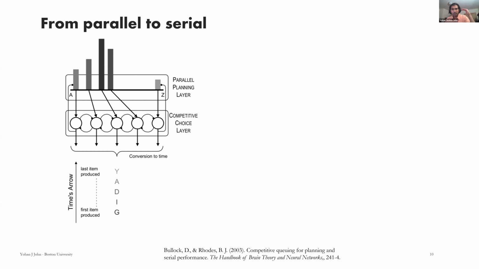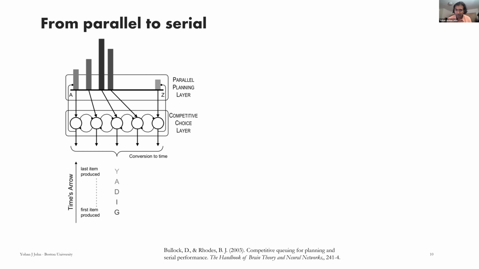The first thing gets some high activity, the second one gets the next highest activity, and so on. When you feed that into a competitive network, you just pick the winner, which has the highest activity. The most important thing then is, on the time scale at which you need to move along, you have to reset and suppress what has already happened.